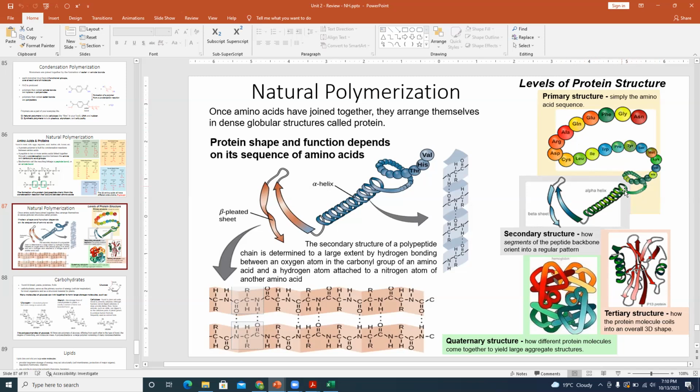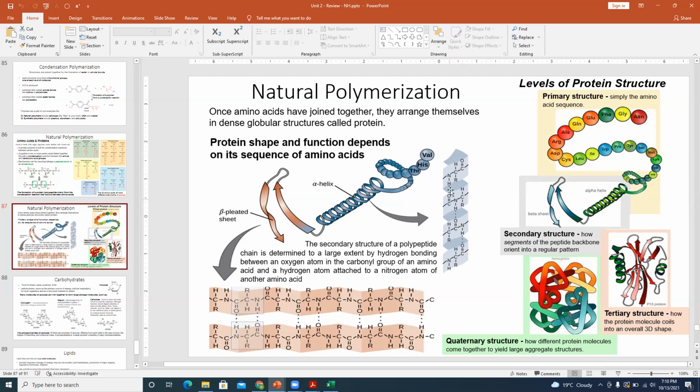These chains of amino acids then start to arrange themselves in what are called secondary structures. So they either form themselves into an alpha helical coil, or they form themselves into what are called beta sheet structures. So an alpha helical coil, as you can see, the amino acids kind of start spiraling around each other. And if you remember from our lesson about hydrogen bonds, it's the hydrogen bond that stabilizes this arrangement, this secondary structure.